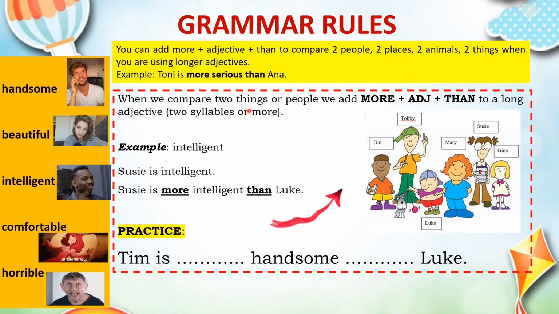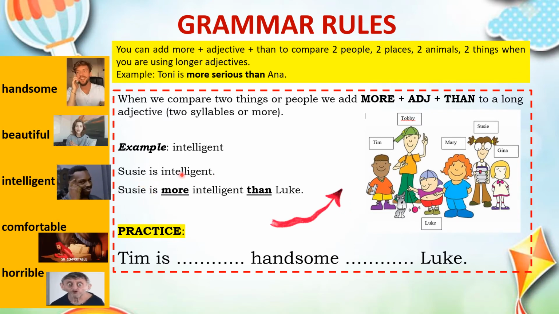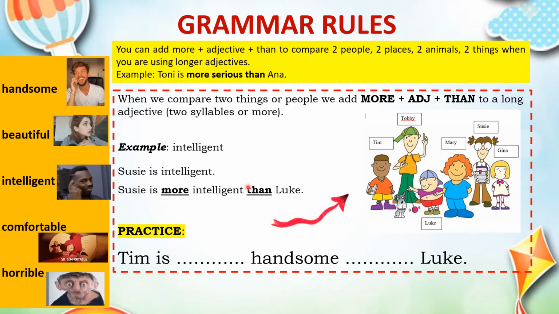When we compare two things or people, we add more plus adjective plus than to a long adjective, 2 syllables or more. For example, intelligent. This is a very long adjective. So we are going to say Susie is intelligent. Susie is more intelligent than Luke.